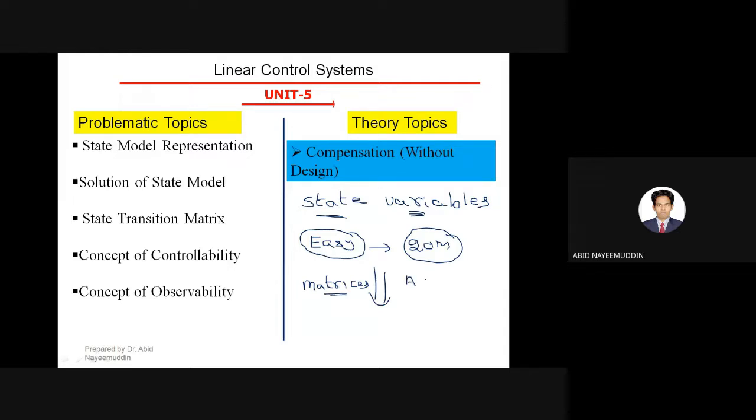So we need to know addition of two matrices, how to do multiplication of two matrices, how to find the transpose of a matrix, and how to find the inverse of a matrix. That's it.